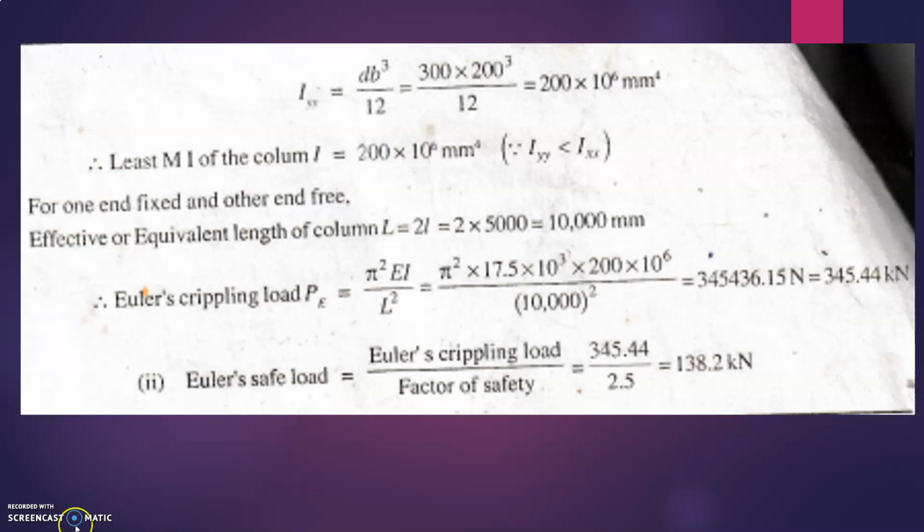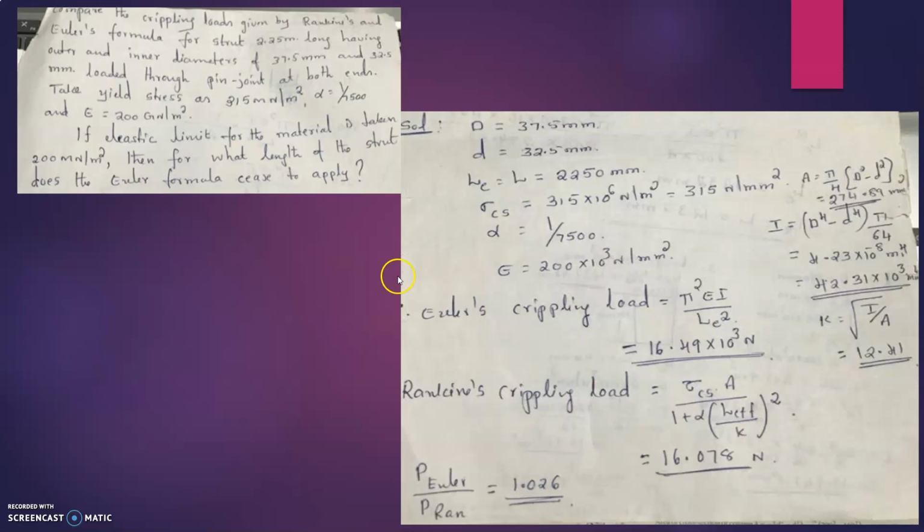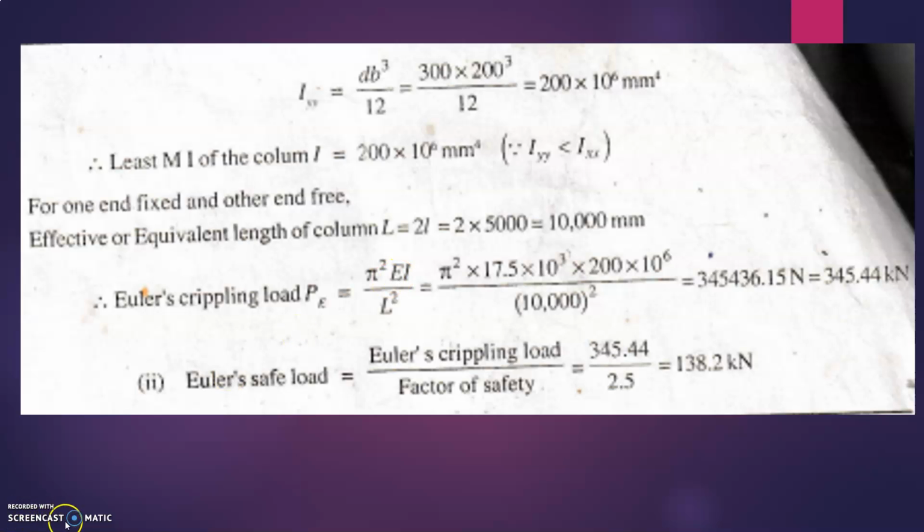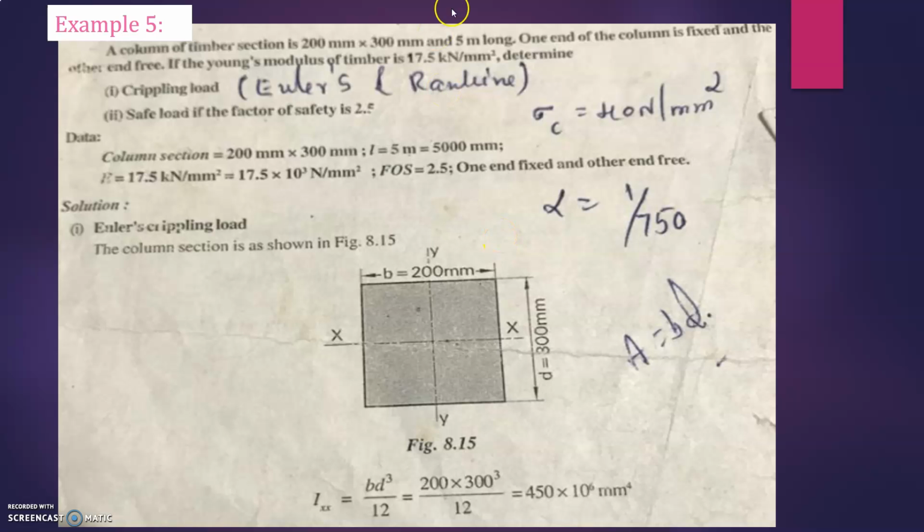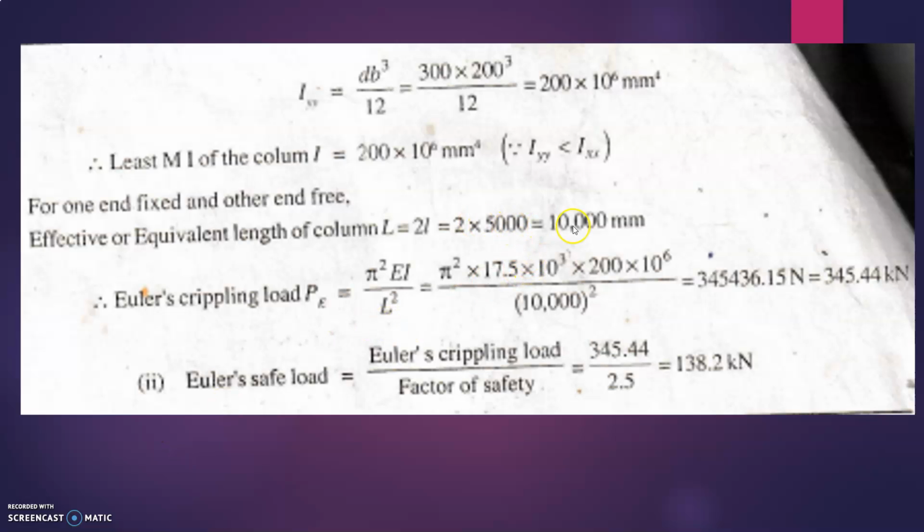So LE is equal to 2 into L, that is 2 into 5000, as the length is 5 meter long. So 2 into 5000 is 10,000, or 1 into 10 raised to 4 mm.